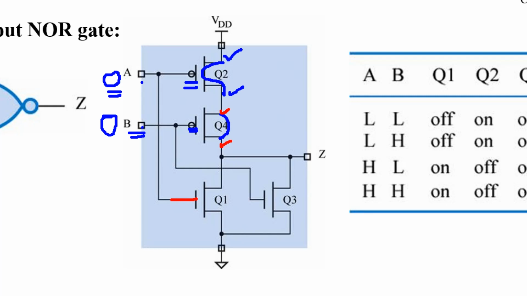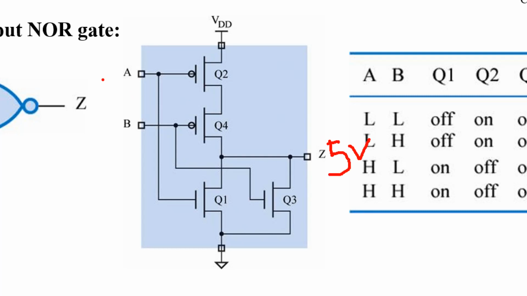This one is active high, but you apply 0, so this one is off. How about this? This one is active high, but you apply low, so it cannot conduct. That means now the output Z connects to positive VDD via this path. So the output Z becomes high, or 5 volt. So when you apply 0 volt, or logic low, the output becomes high.